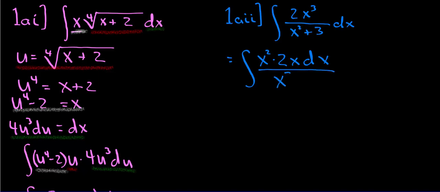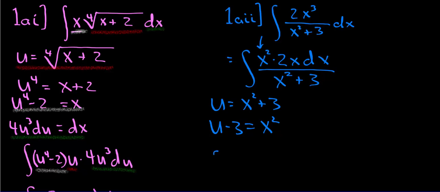And then down here, we've got the x squared plus 3. So watch what I'll do. I'll let u equal x squared plus 3. That means that u minus 3 is equal to x squared. So I can put that in right here for x squared.